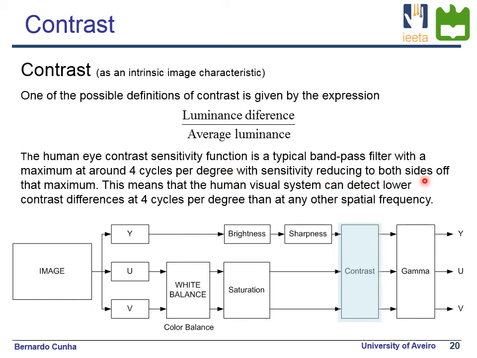This will reduce to both sides of that maximum. So if we reduce the number of cycles per degree, our perception of contrast will also diminish. If we increase, the problem is our resolution is not good enough, and because of that, our perception of contrast also will be smaller. This means, in fact, that the human visual system can detect lower contrast differences at 4 cycles per degree than at any other spatial frequency.